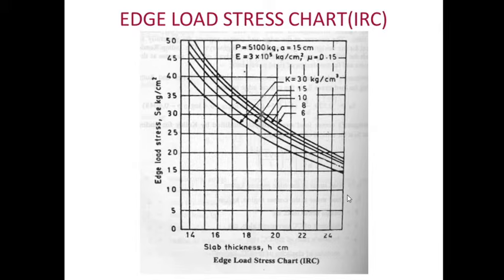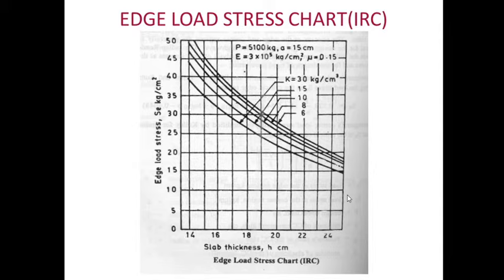So the available factor of safety on load stress is F_L by delta L, that is greater than 1, hence okay. If it is less than 1, what do we have to do? We have to increase the slab thickness correspondingly.